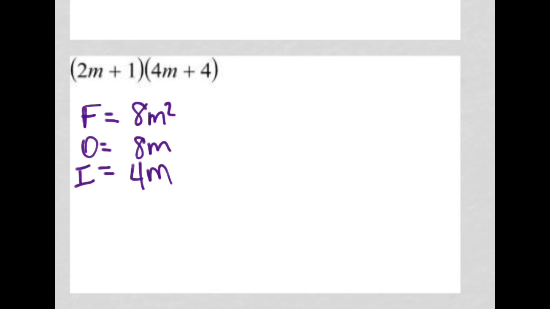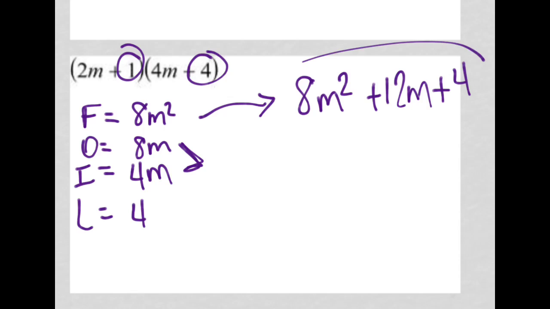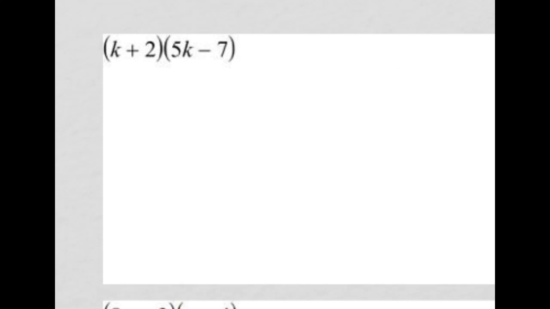And last terms, 1 times 4 is a positive 4. And now combine them. Well, I only have 1 m squared, so that's part of my answer. I have 2 m's, so 8 plus 4 gives me a positive 12m. And then I have one final constant, so a plus 4 on the end. And there's my answer.